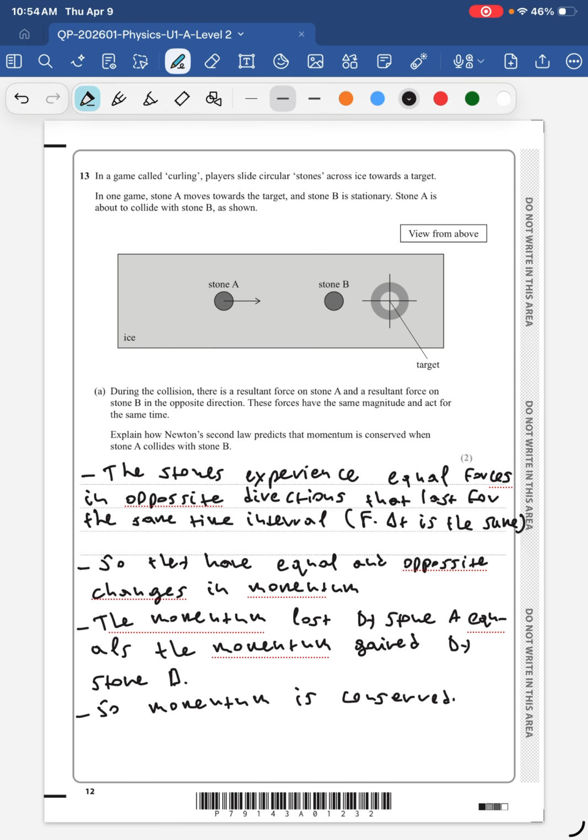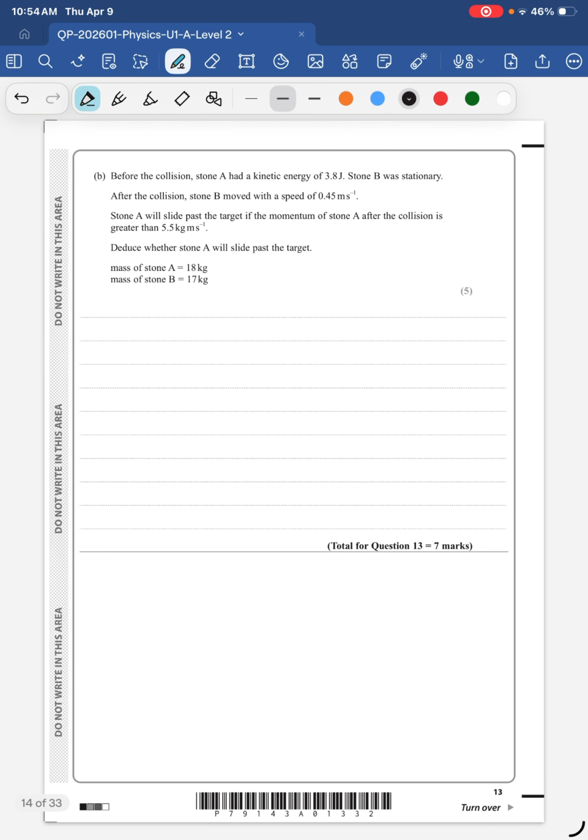I think it's a better formulation of the sentence. Sometimes what we wrote before is not totally wrong, but I think this clarifies what's going on. So let's move on to part B.